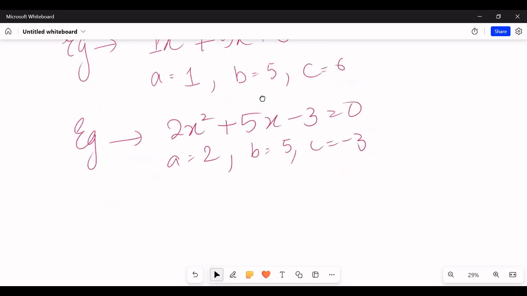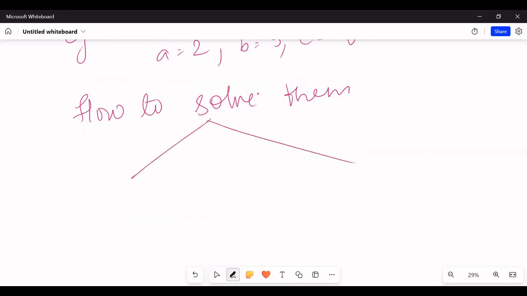Now, the big question arises: how to solve them? In order to solve them, we usually have two methods. Our first method is using the quadratic formula. In this video, I'm going to share about the quadratic formula.